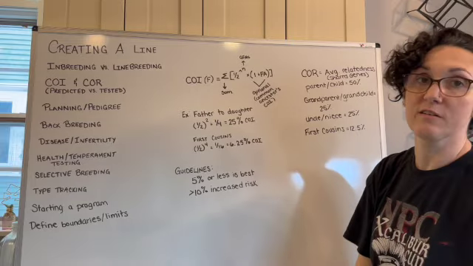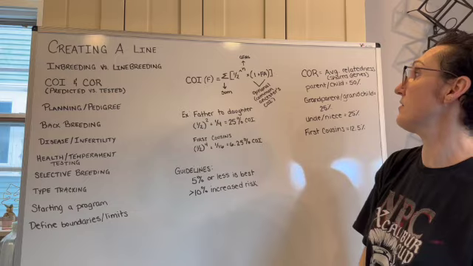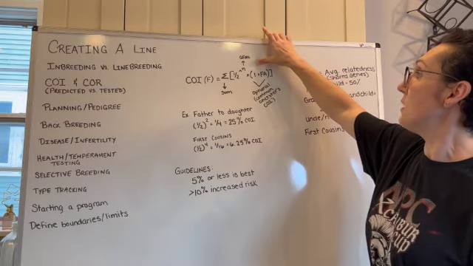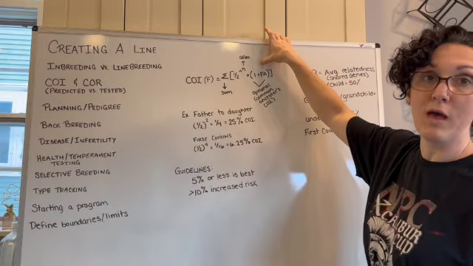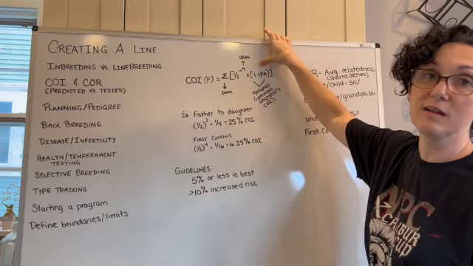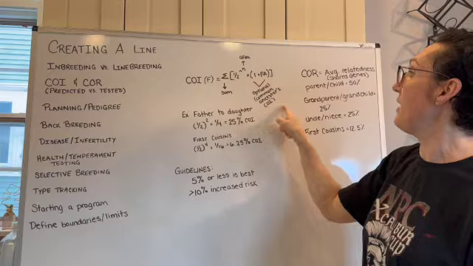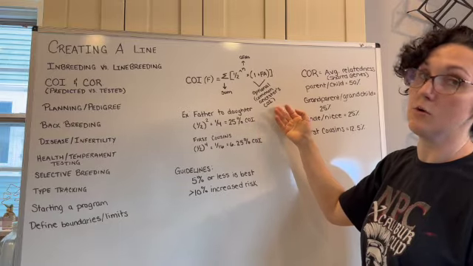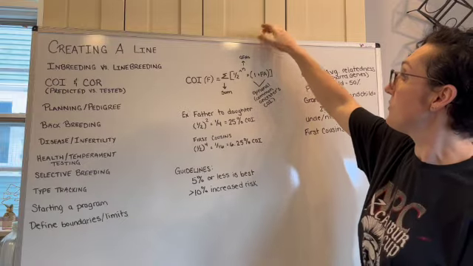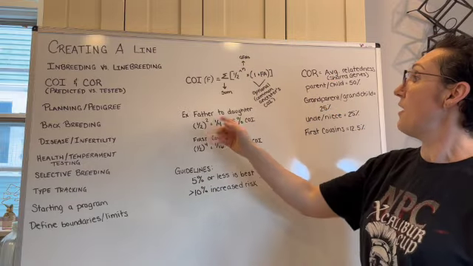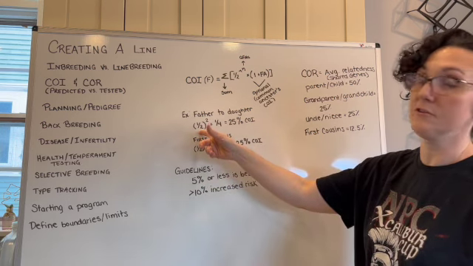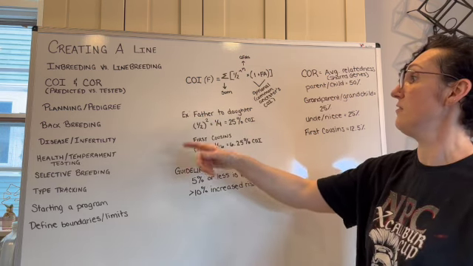To make this easier, you can ignore the 1 plus FA. This is when the common ancestor that we're measuring is already inbred, and you can add in 1 plus their COI here. But we're going to ignore that for now. So father to daughter, we have half because you get half of your genes from the parents.